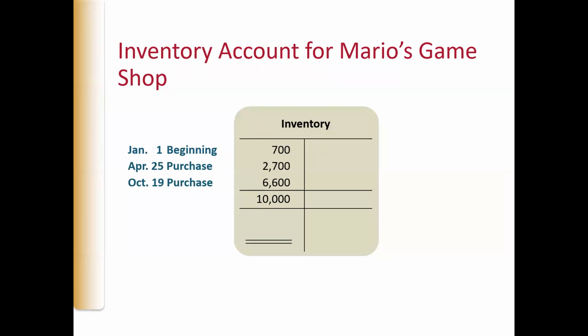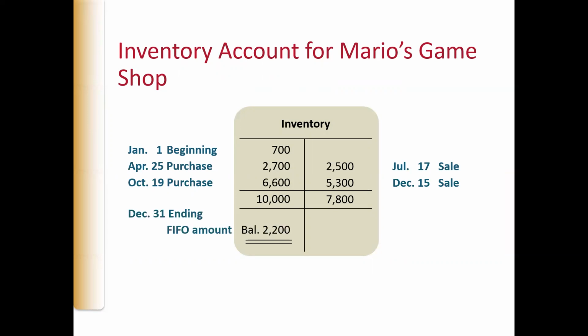They had purchases of $2,700 and $6,600, and they sold two different times on July 17th and December 15th. Based on FIFO, we've got $2,200 sitting in the account.